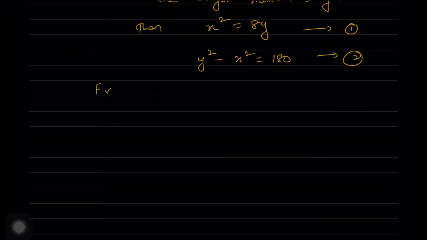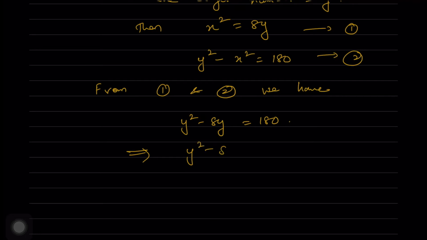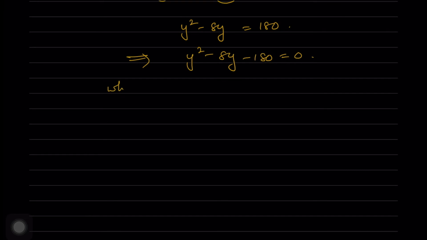So from 1 and 2, we have y square minus 8y is equal to 180, which implies that y square minus 8y minus 180 is equal to 0, which is a quadratic equation in y.